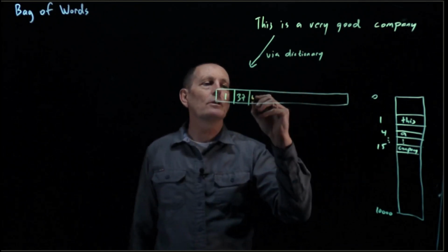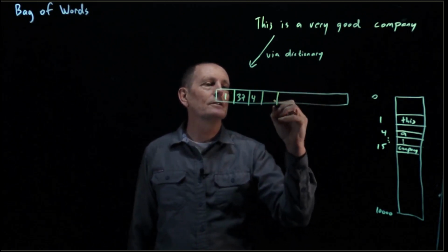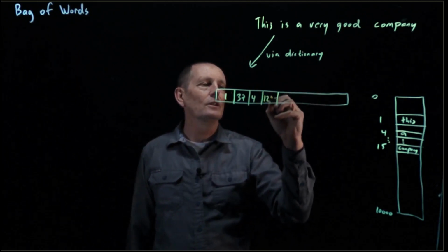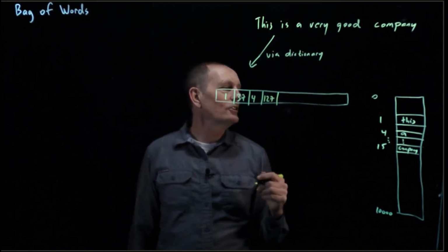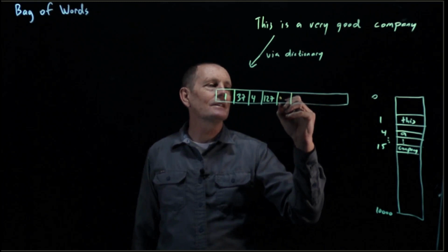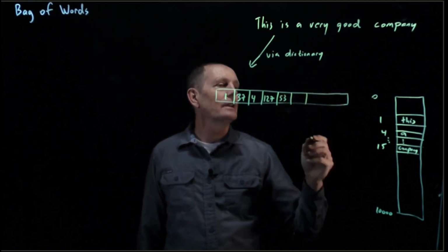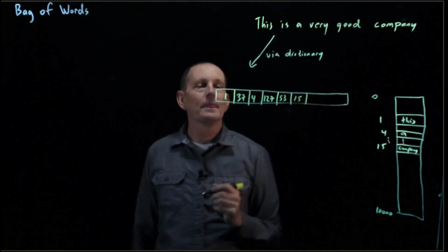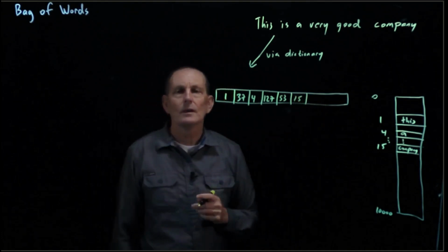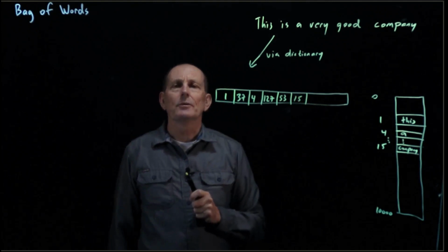A is the number 4. Very is somewhere in here, 127. Good, let's say that's 53. Company, and company is 15. We could feed this into a neural network.